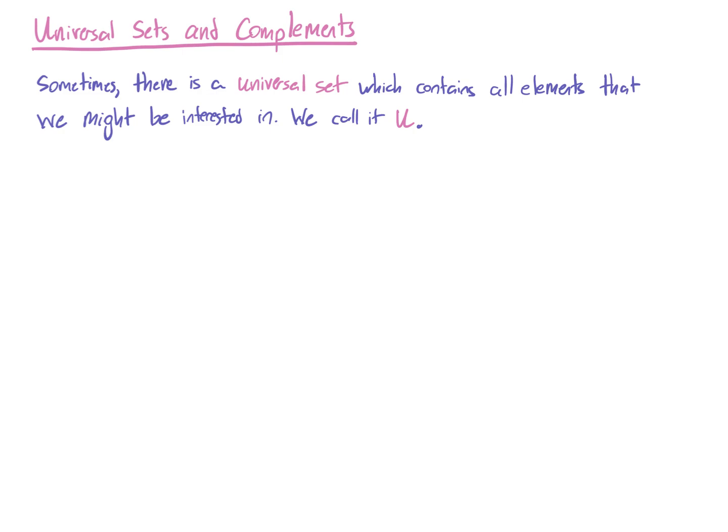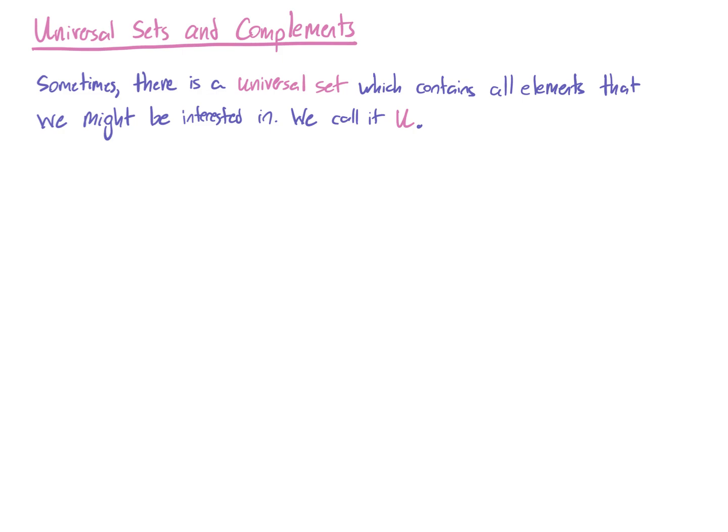Sometimes when we're looking at sets, there's some kind of set that is clear from context that contains everything that we would possibly care about. And we call this the universal set. Often we write this universal set as U. We regard U as the universe of things that we're interested in, at least in the context of whatever problem we're working on.